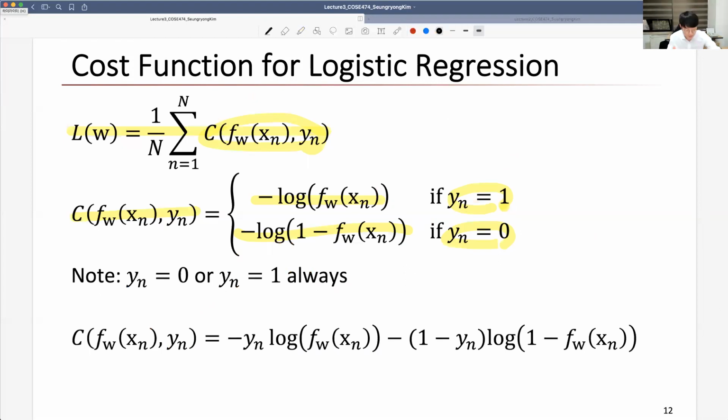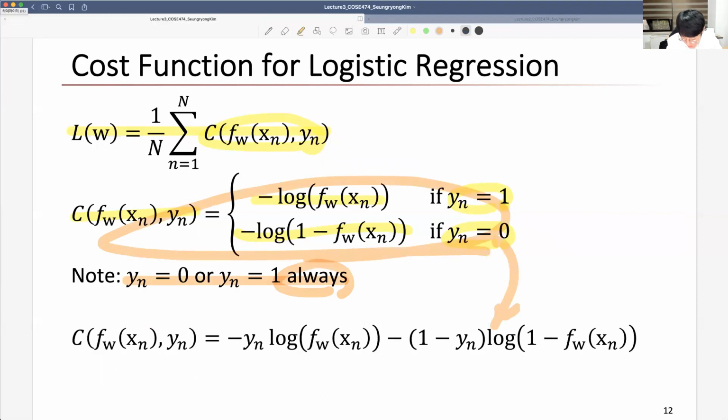Anyway, here we already know yn is always 0 or 1, right? Because this is the classification problem. It means that we can write this cost function in a single equation, something like this.